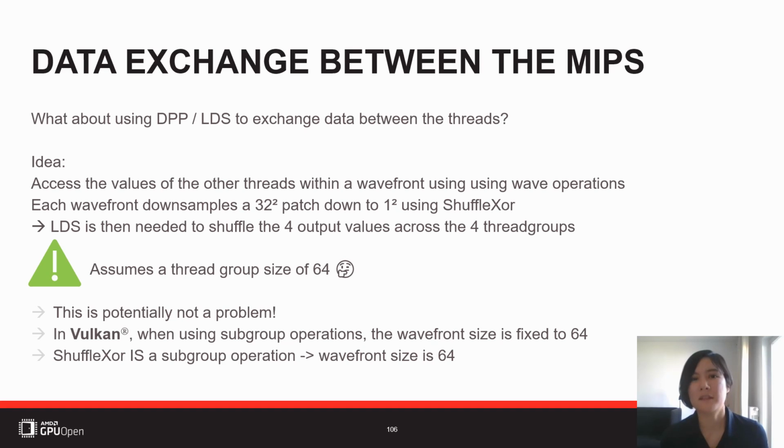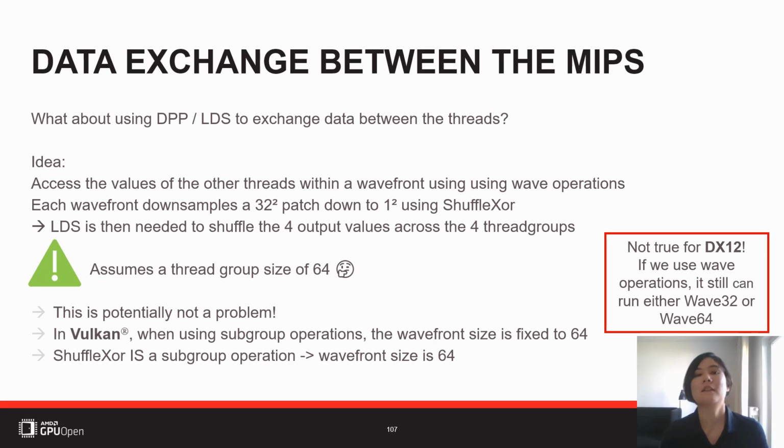But maybe it's not that much of a problem, because there's one important thing to notice. If you are on Vulkan and you use subgroup operations, the wavefront size is actually fixed to 64. Also really important: if you're on DirectX 12, this is not true.